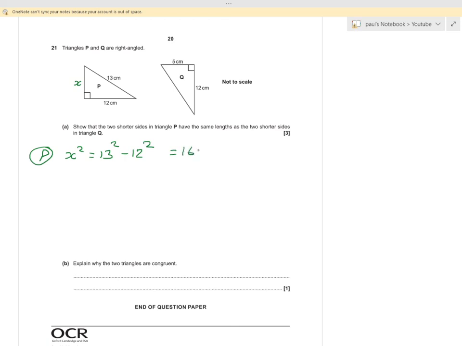Which is 169 minus 144, which equals 25. So therefore x equals the square root of 25, which equals 5.